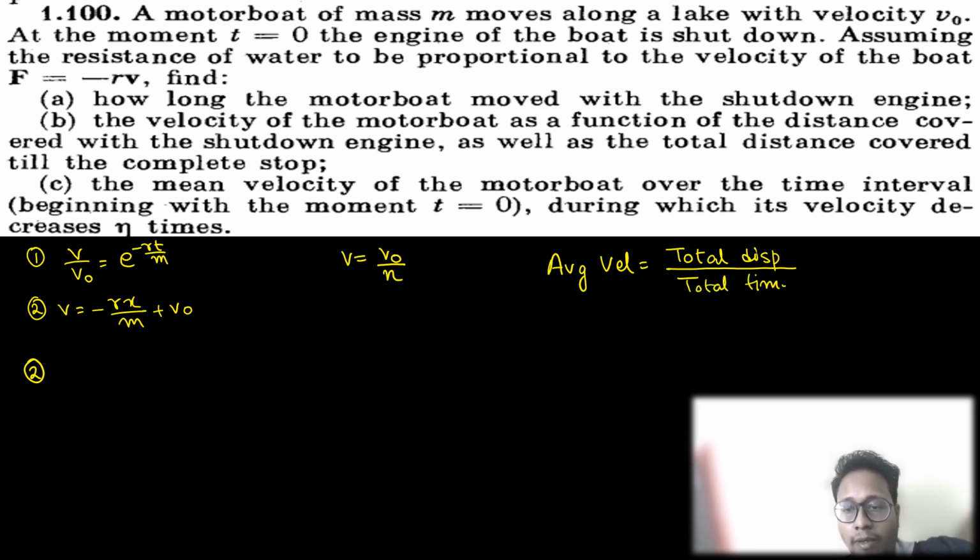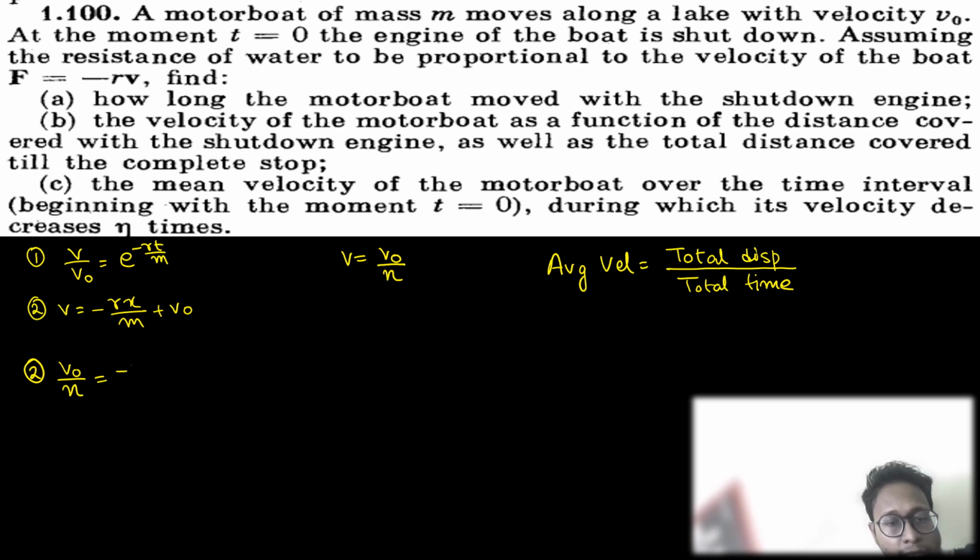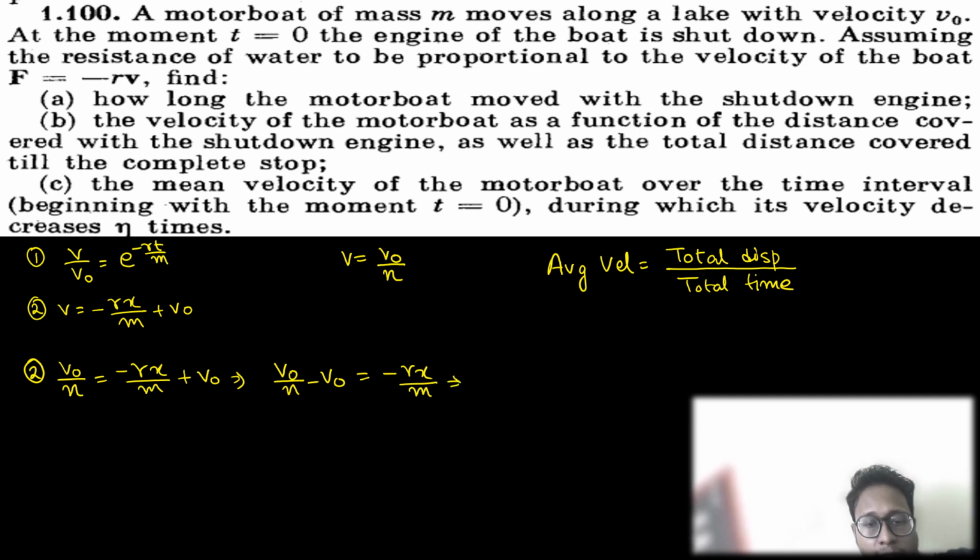So here, what is the final velocity? v naught by n equals minus rx by m plus v naught. To find the value of x, v naught by n minus v naught equals minus rx by m. If you multiply both sides by minus, v naught into 1 minus 1 by n equals rx by m.